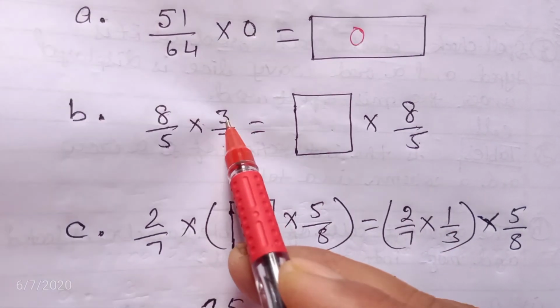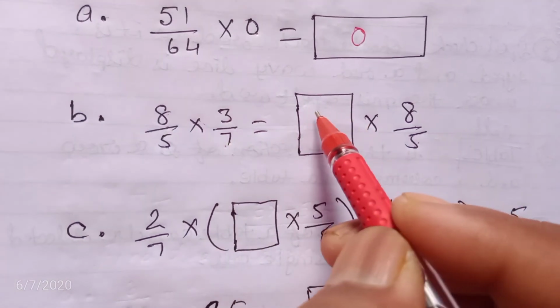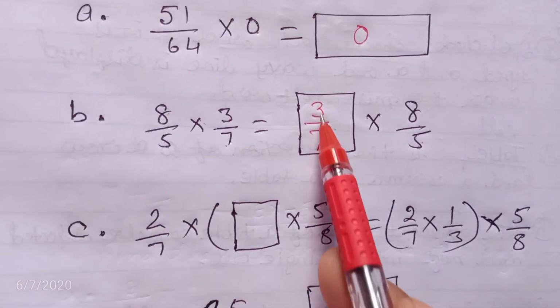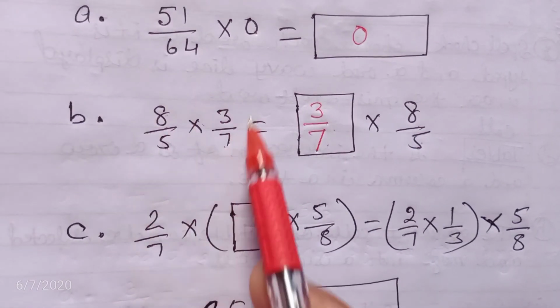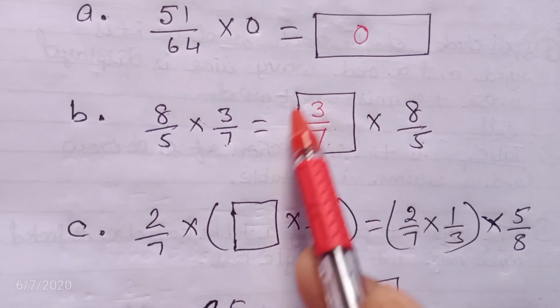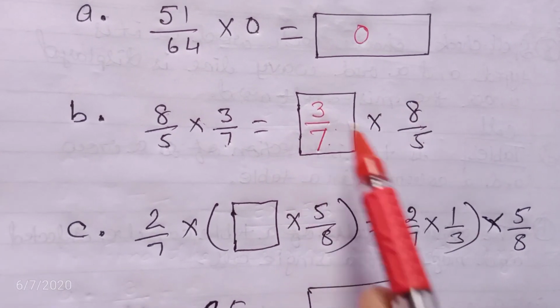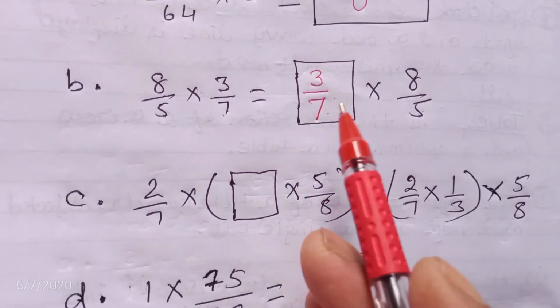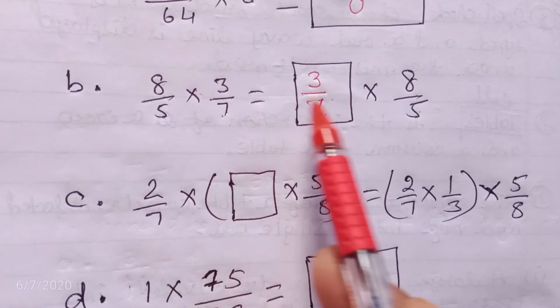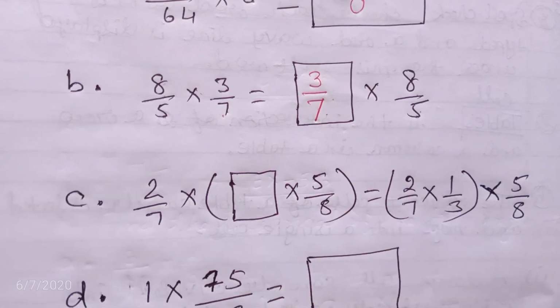So 3 by 7 is on the left side, so on the right side also 3 by 7 should be there. So the answer is 3 by 7 because the product of left side should be equal to the product of right side. And two fractions can be multiplied in any order. So 8 by 5 into 3 by 7 equal to 3 by 7 into 8 by 5.